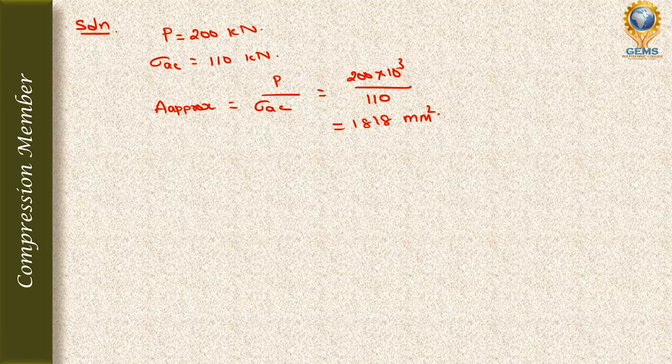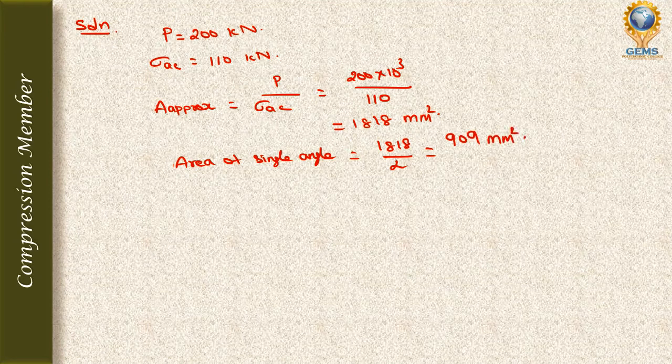So if you want to choose an angle section from the steel table, we need area for the one angle. So area of single angle is equal to 1818 divided by 2, that is 909 mm square.